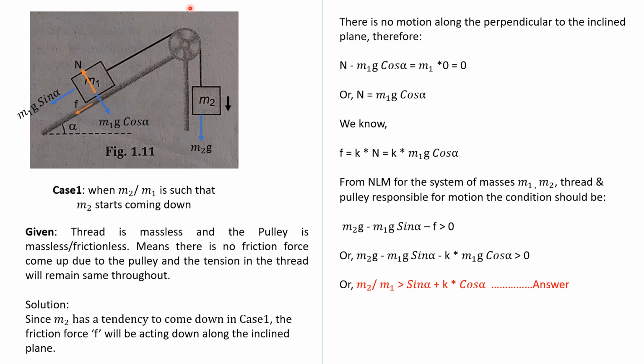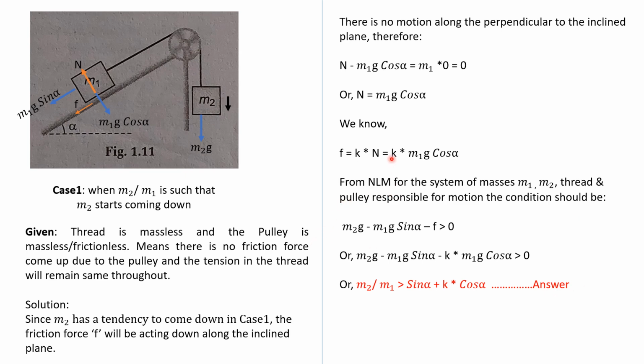So the total force responsible for the motion is m2g minus m1g sin alpha minus F, and since it has a tendency to go down, it should be greater than 0. Therefore, upon solving, m2 by m1 will be greater than sin alpha plus k cos alpha. So this will be your first answer, part A.